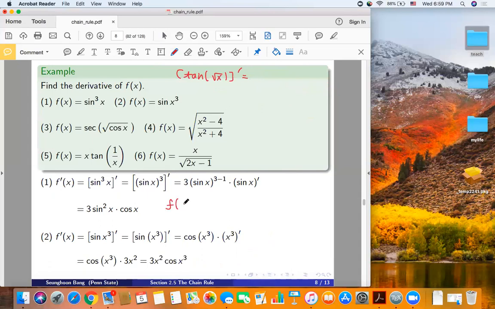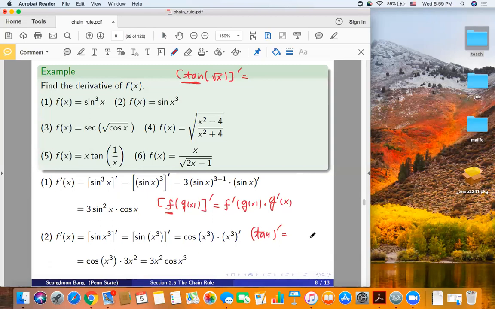F of g of x prime is f prime of inner function g of x times inner function prime. This is the idea. What's f here? F is tangent. So do you know tangent prime? What is tangent prime?